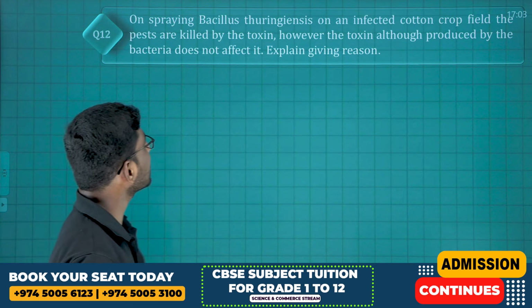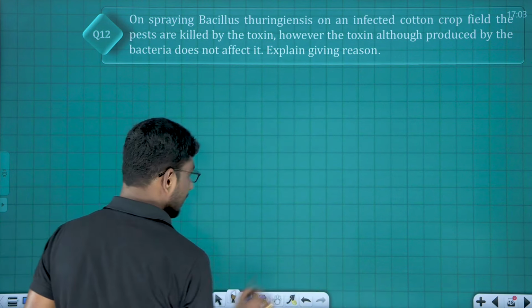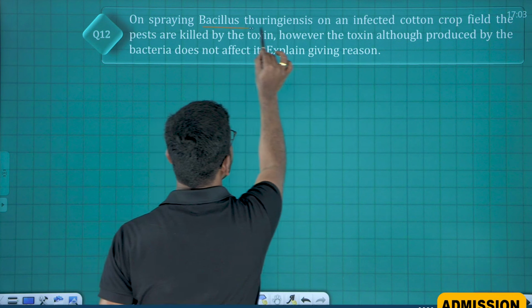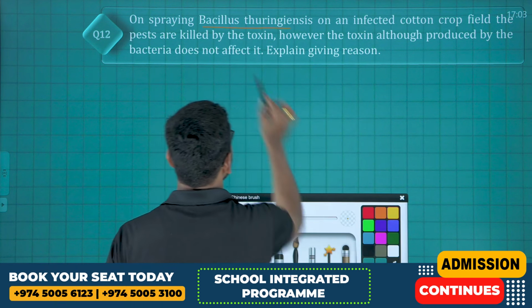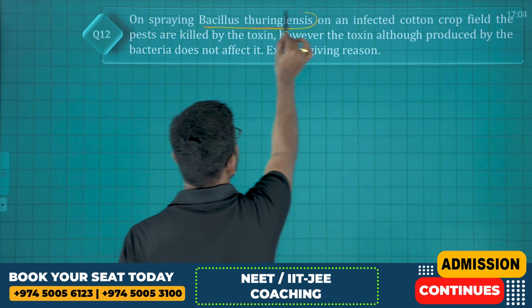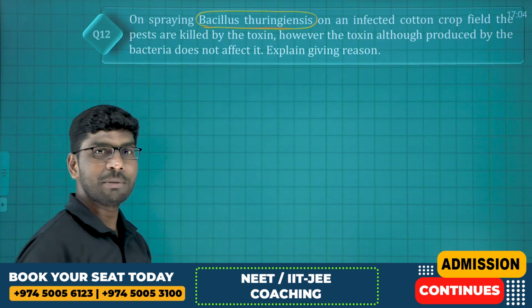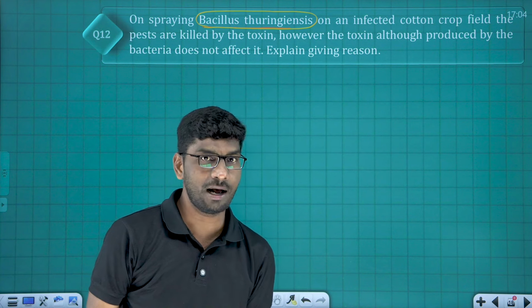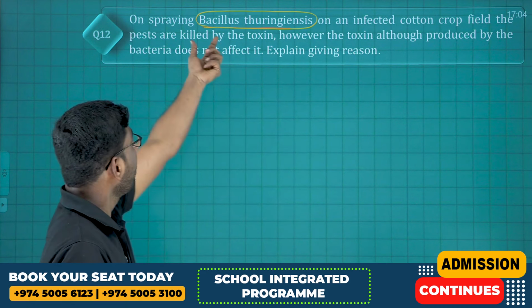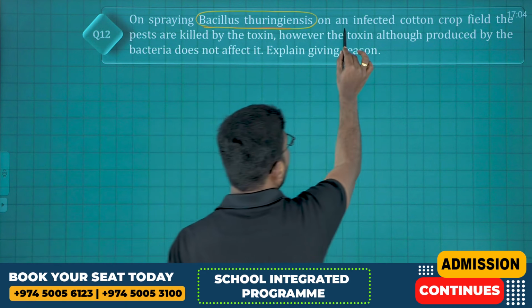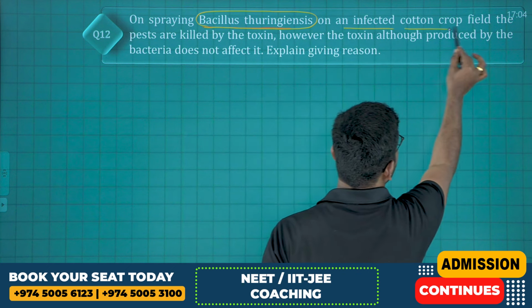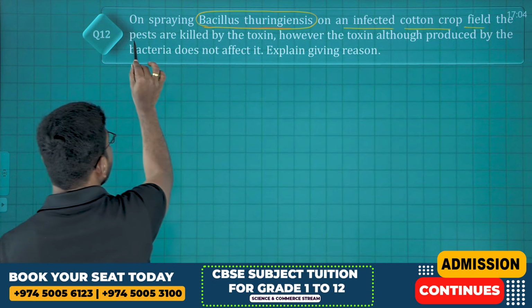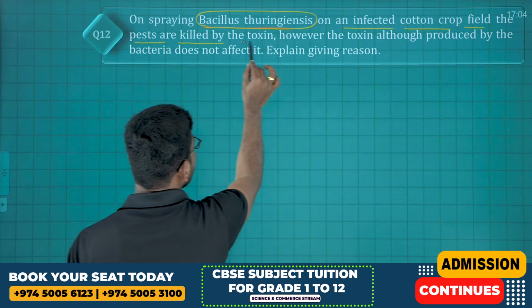On spraying Bacillus thuringiensis, Bt, on an infected cotton crop field, the pests are killed. Bt brinjal, Bt soybean, Bt cotton, Bt rice, Bt different types of crops, I said in the biotechnology applications chapter. The pests are killed by the toxin.